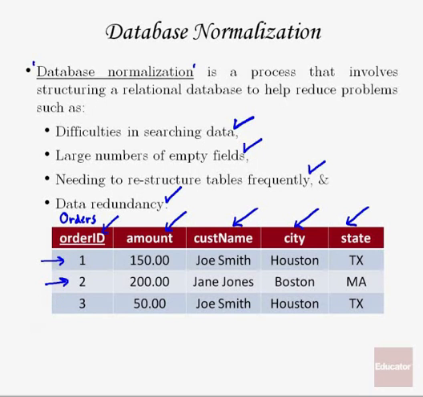He says, I like this store, I want to buy something else. So we add another row to our orders table. It's going to have the amount that's ordered, and then it's going to have Joe's name and his address again. Well, this right here is redundant data. Assuming it's the same customer, because there could be 2 Joe Smiths from Houston, Texas, we basically have that same data in our database twice.